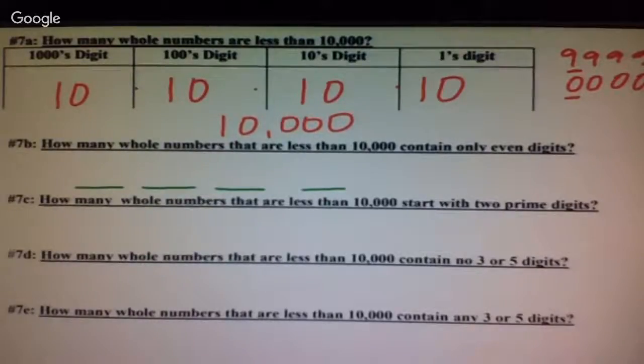So how many even digits do I have? 5. So each one of these now only has 5 options. The even digits are 0, 2, 4, 6, 8. Each number has to be even. So that restricts my options.